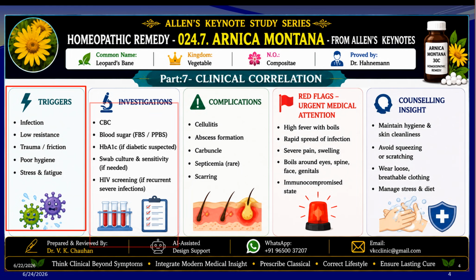So, the investigative part: a complete blood count will give you a good idea about how serious the infection is and how chronic the infection is. You can also go for a blood sugar examination to screen for the status of blood sugar.